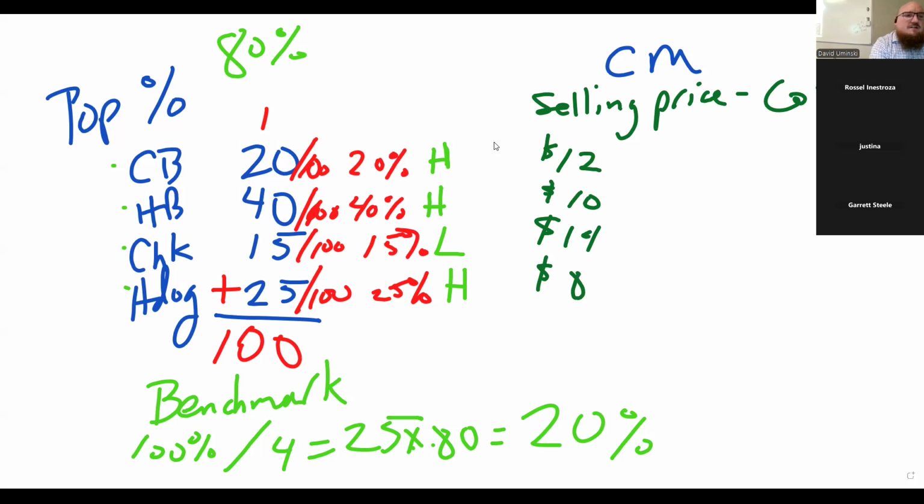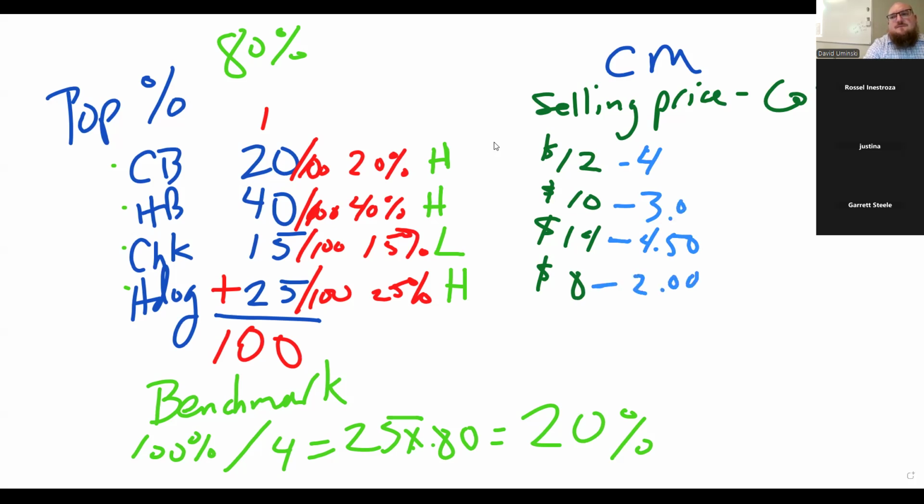It costs me, this is the cheeseburger, so let's say this cost me $4. This cost me $3. Chicken sandwich cost me $4.50, and then my hot dog cost me $2.